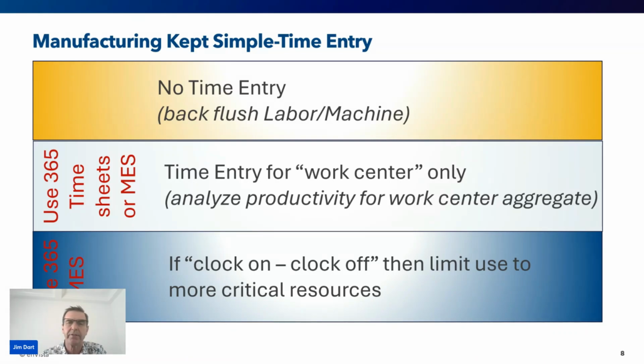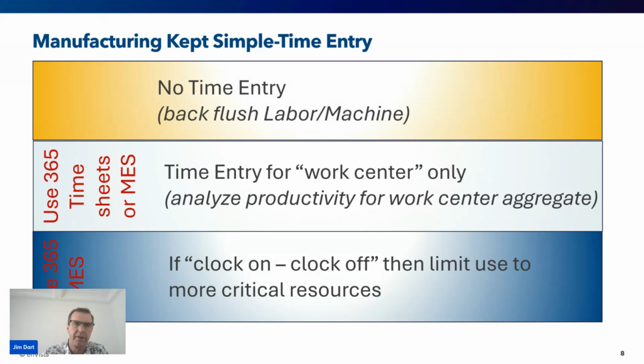And then lastly, D365 does have a manufacturing execution system that allows for the clock on and clock off of jobs. And so this, again, one way to simplify that is by having just a single person record the time for an entire team.